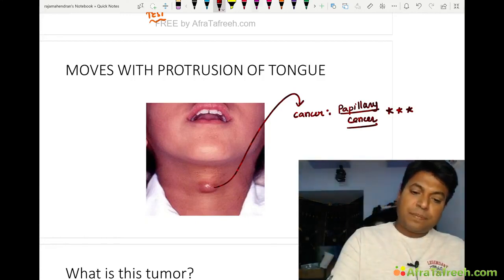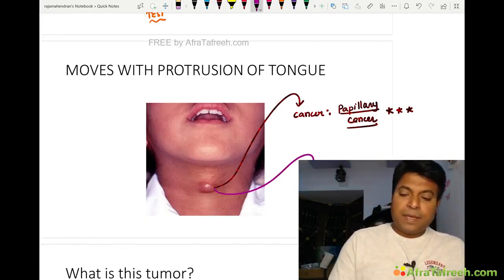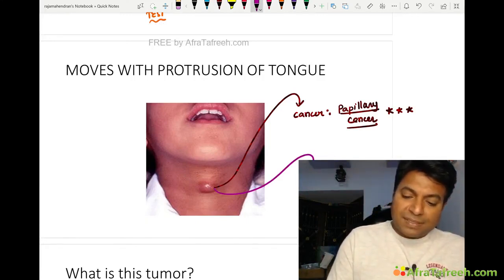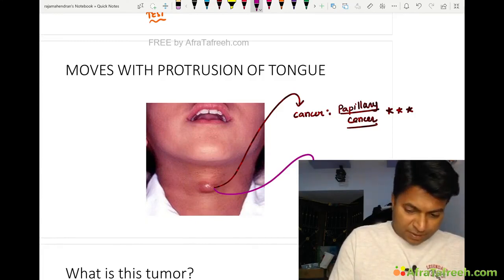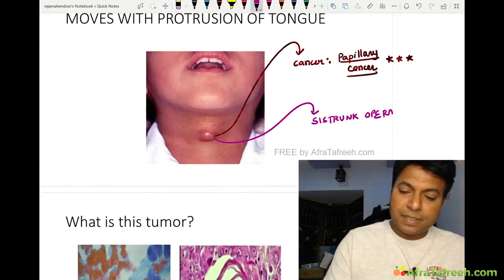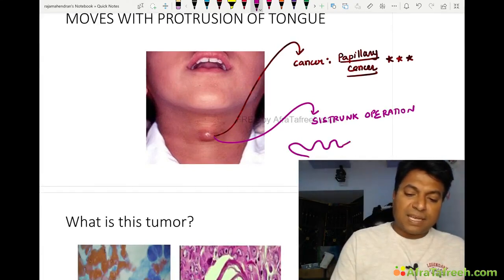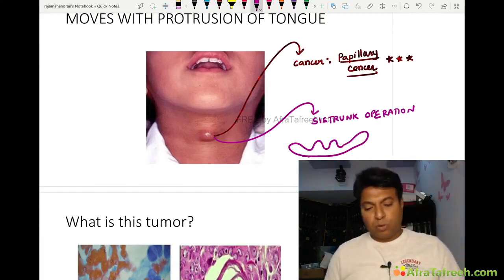The next question: the thyroglossal cyst is operated by the Sistrunk surgery. Everyone knows it is the Sistrunk operation done for a thyroglossal cyst. In the Sistrunk operation, the classical point you should not forget is the hyoid bone.